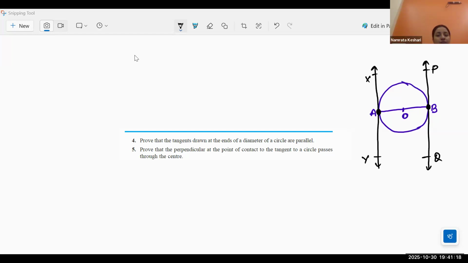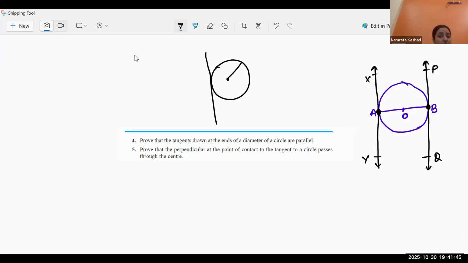So since A is the point of contact because XY is the tangent, and B is the point of contact because PQ is the tangent, do we know that the tangent at any point of the circle is perpendicular to the radius which passes through the point of contact?